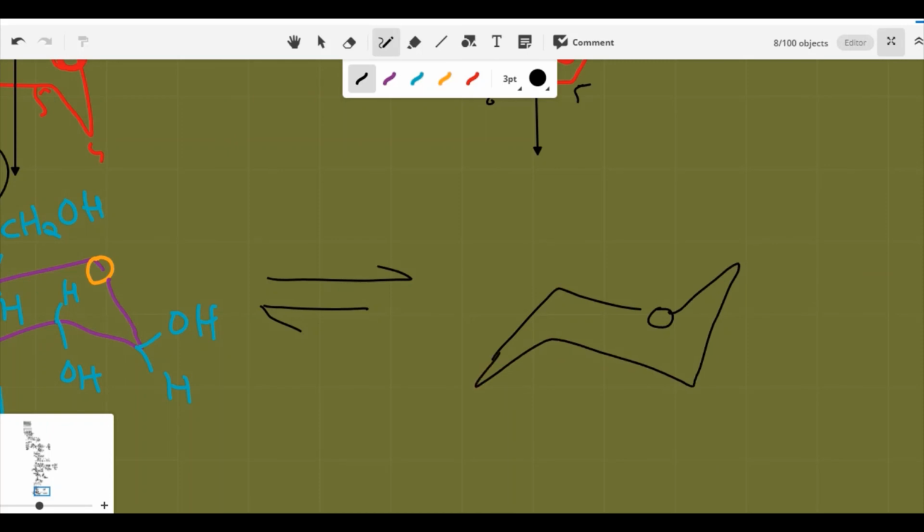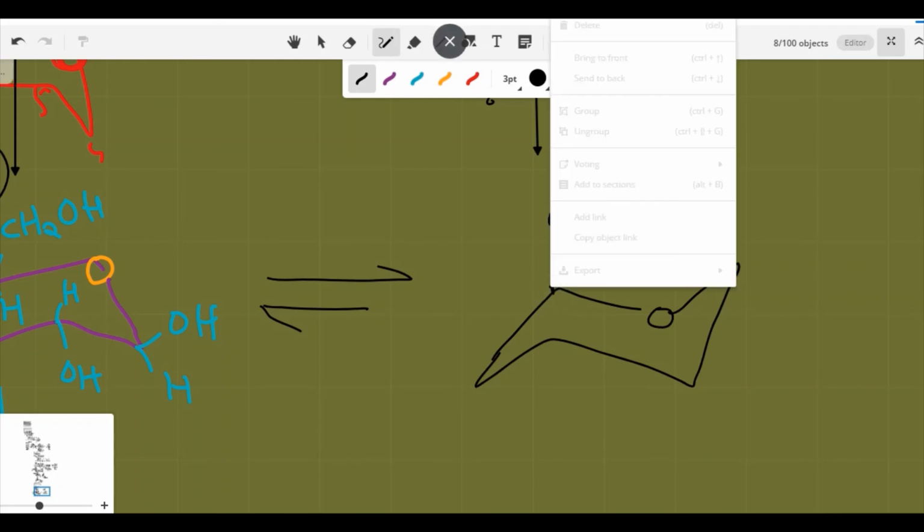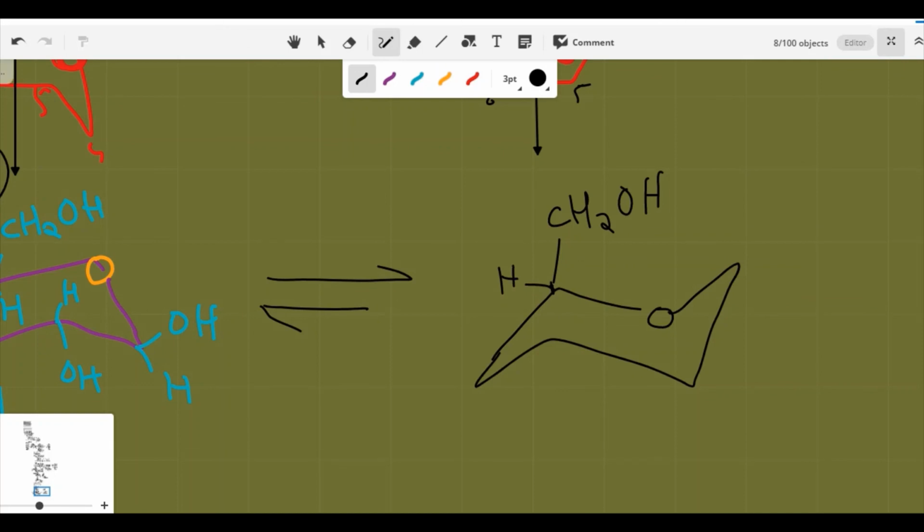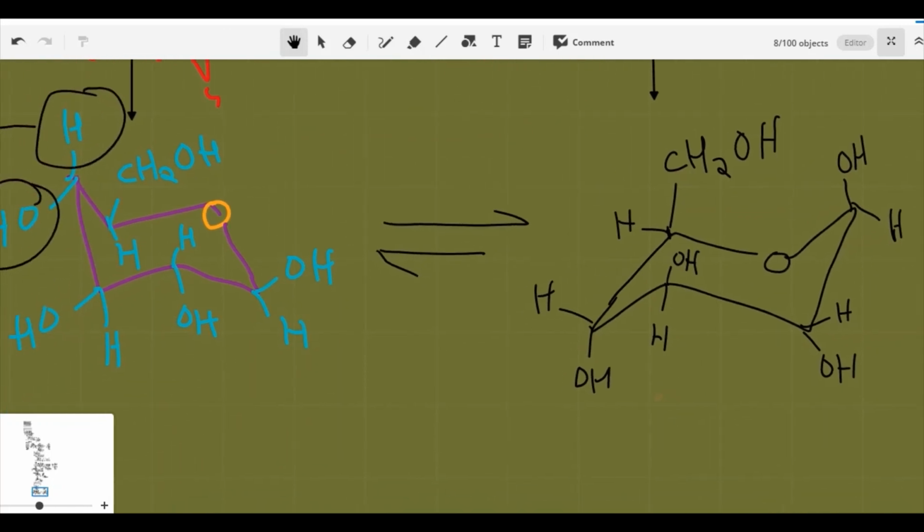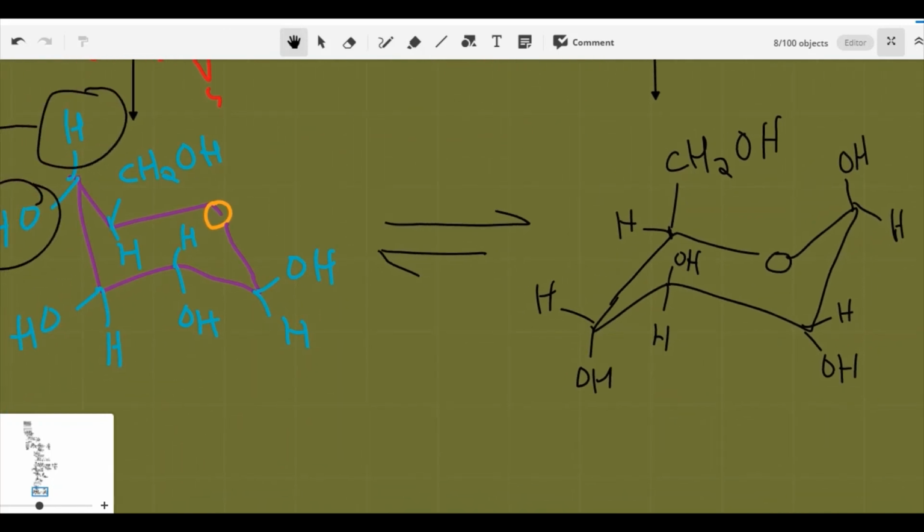Now here is the CH2OH group, here is OH hydroxyl group, hydrogen, hydroxyl group, hydrogen, and here also is a hydroxyl group and hydrogen. Okay, so these are the two possible chair conformations.